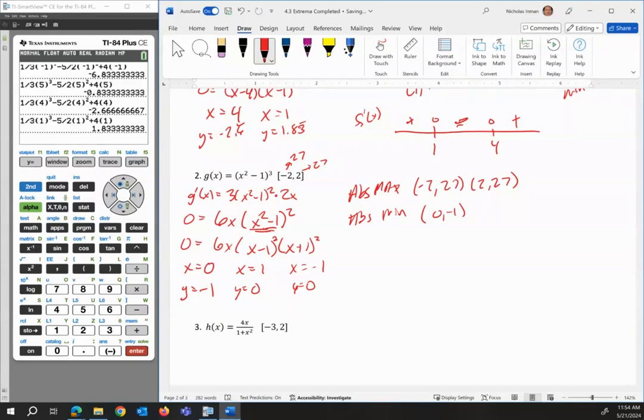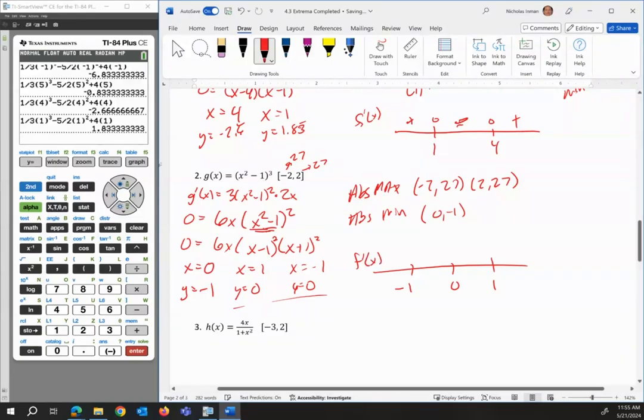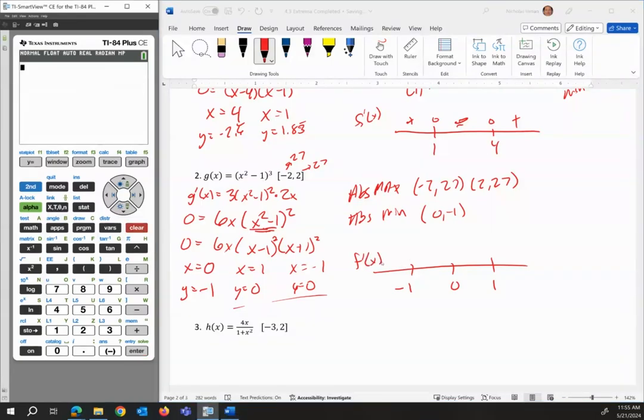All right, these other two, I would like to maybe do a sign chart to figure out what's happening. So I put them on here, -1, 0, 1, and I'm looking at my derivative. What I'm going to do is plug into my derivative a number smaller than -1.